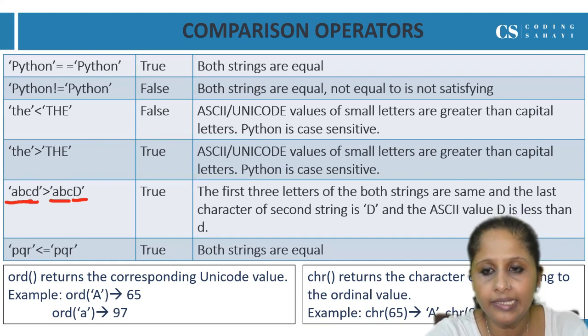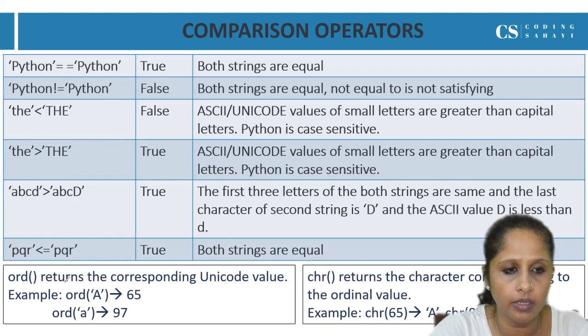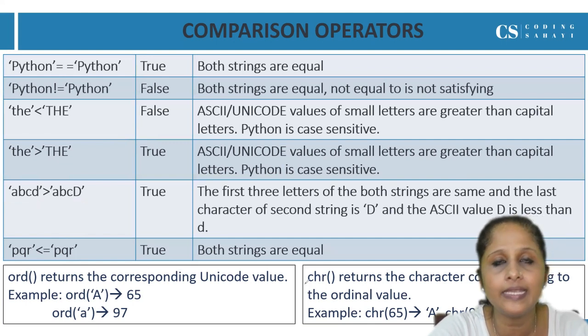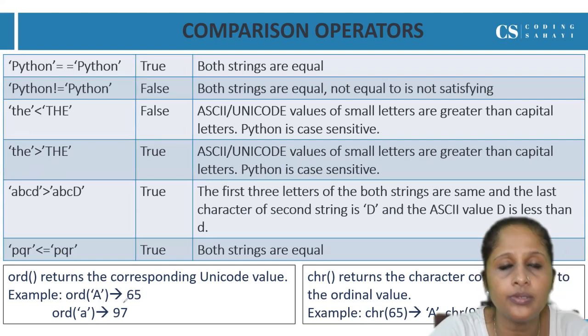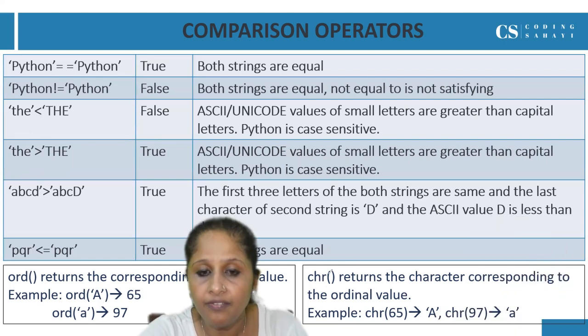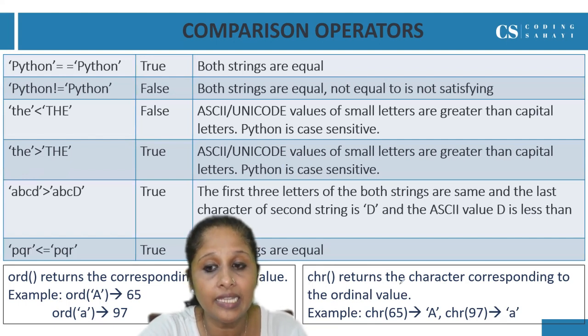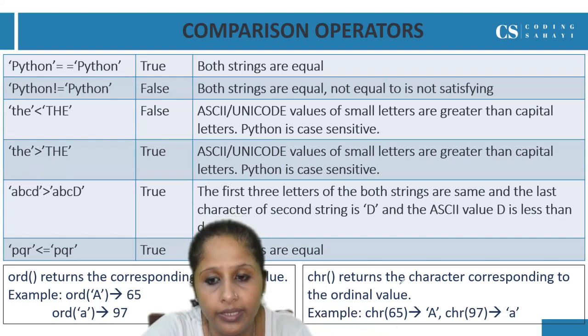Then, we already discussed the ord function and the chr function in one of the videos. The ord function returns the corresponding Unicode value. That means if you give ord of capital A, it gives the value 65. In the same way, chr returns the character corresponding to that value.